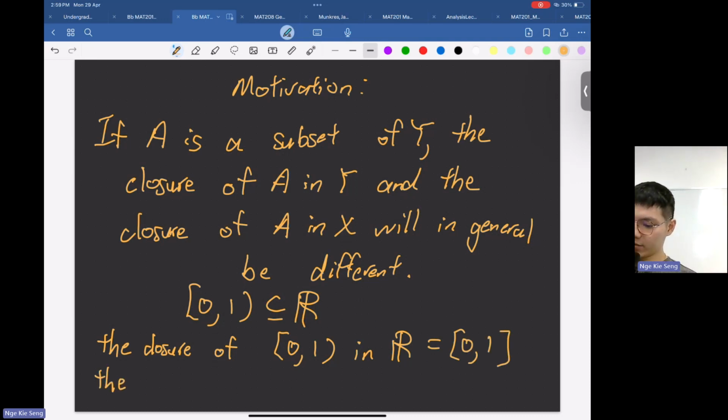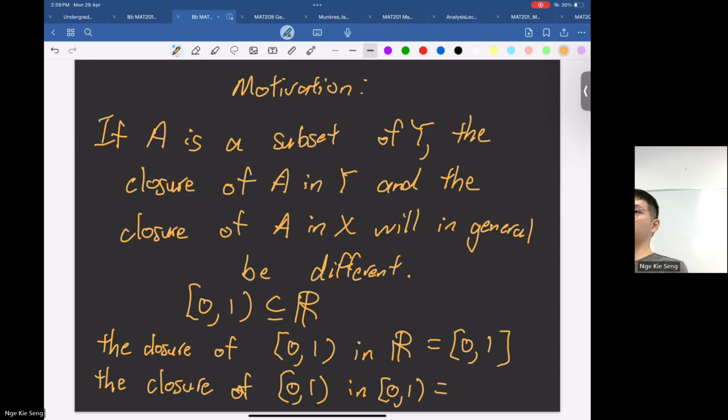How about the closure of this half open interval in the subspace? It should be itself. So they are different here. Try and show it.